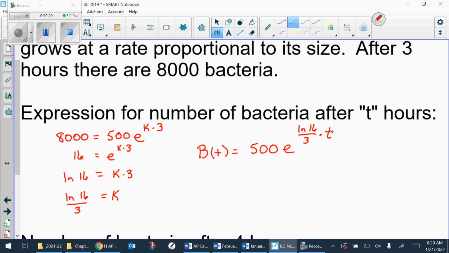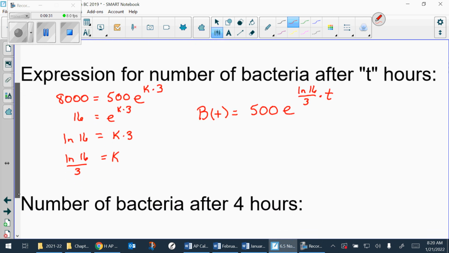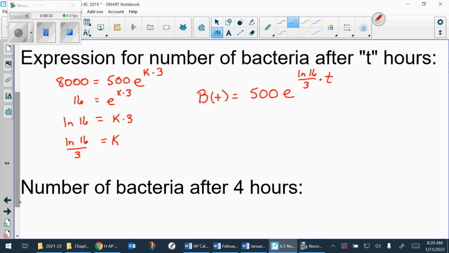So that's really useful if I'm given a question that says, well, how many bacteria do you have after 4 hours? Well, I'm just going to take this 4, put it in there, grab my calculator, and figure out what that is.